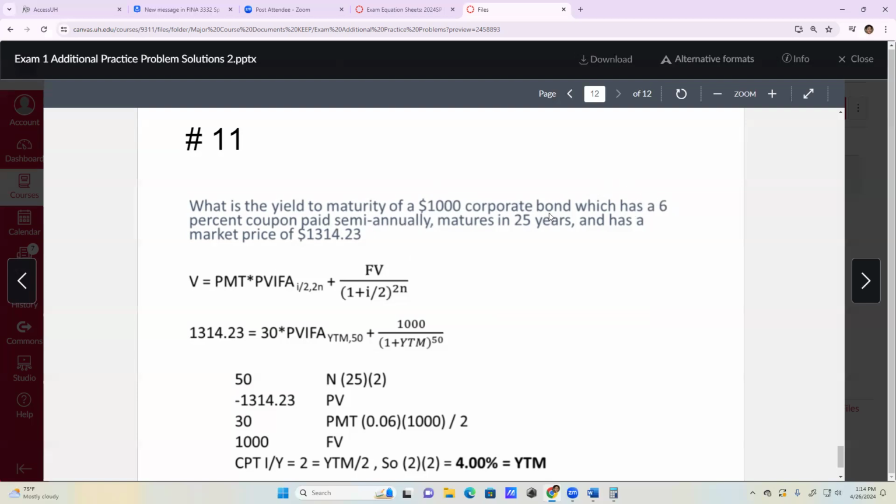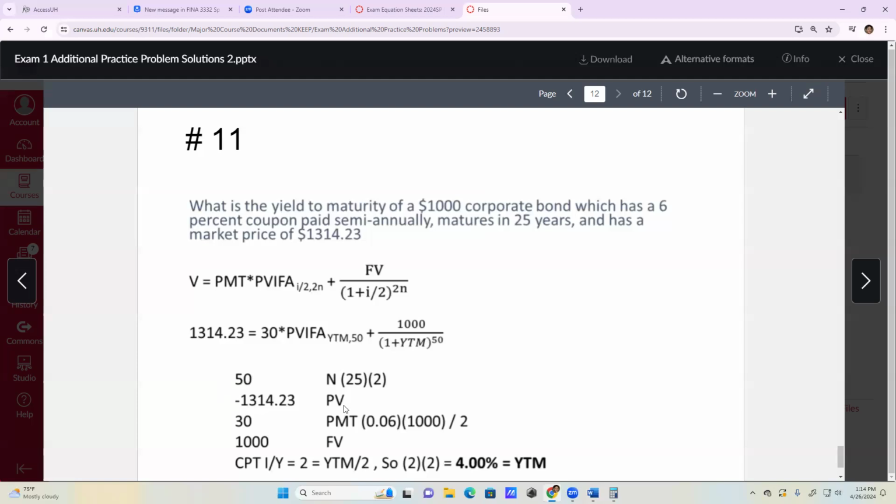Semi-annually means you take $60 divided by 2. So every 6 months, you receive how much? 60 divided by 2 is $30. You see down here, for the PMT, they put 30, right? Makes sense? Right here, how many years? 25 years. However, semi-annually, so you have to multiply by 2. So you receive 50 payments of this $30.